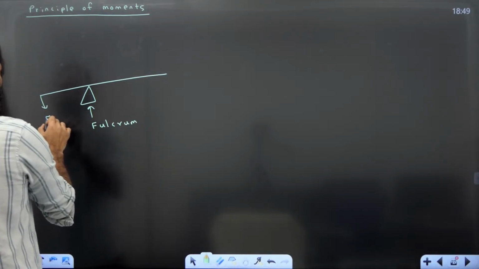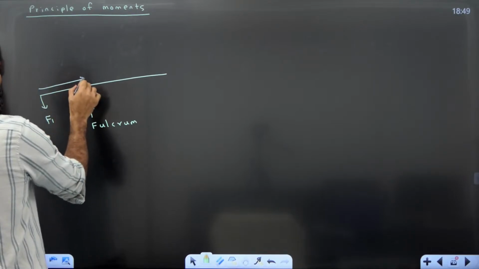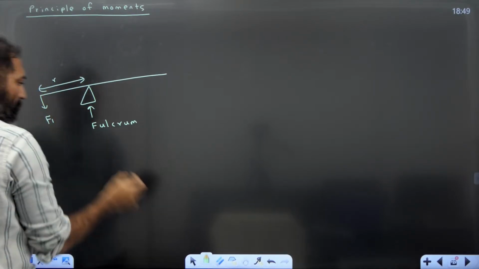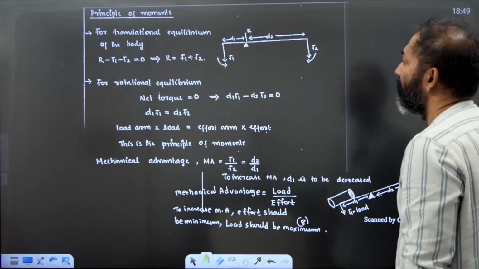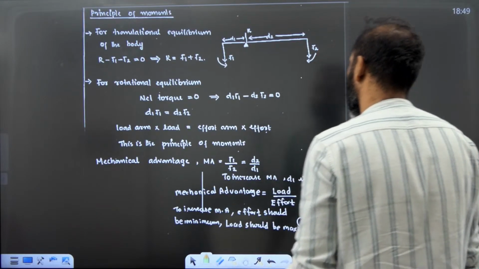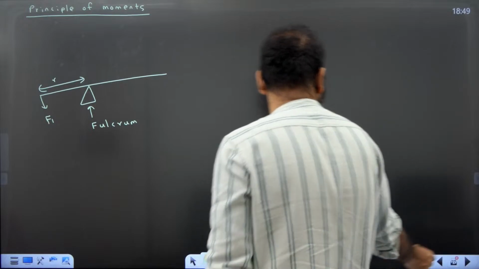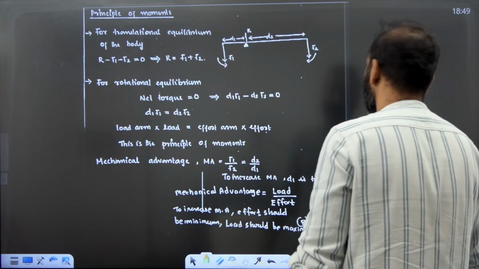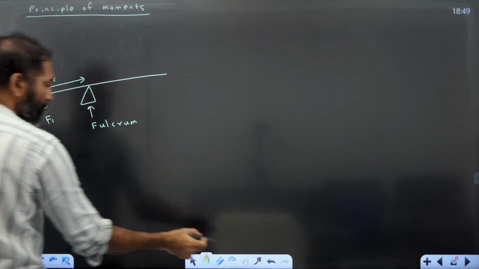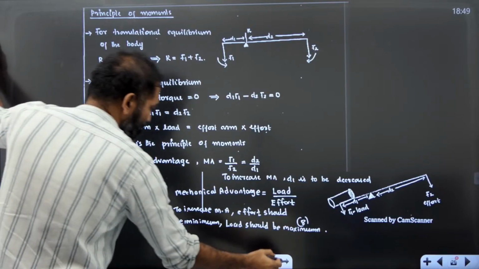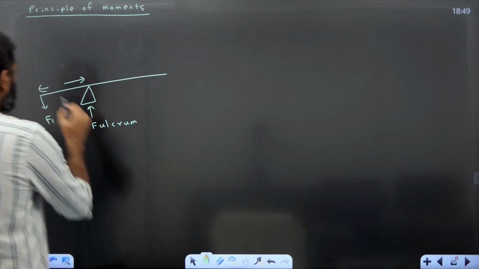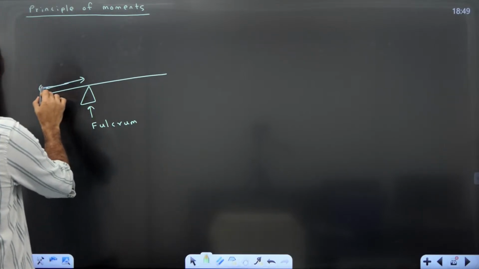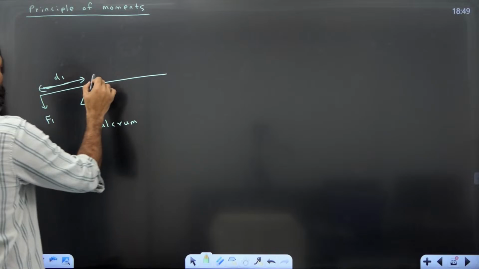Here we are applying a force F1, which is at a distance D1.